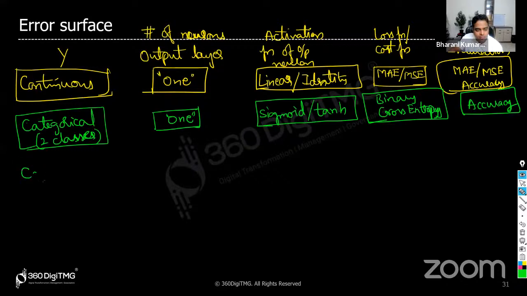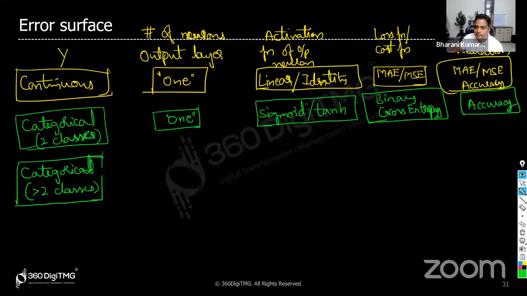Then, when you have your output variable, which is categorical, and if it has more than two classes, then suppose you have 10 class problem. Then how many neurons will you have in the output layer?